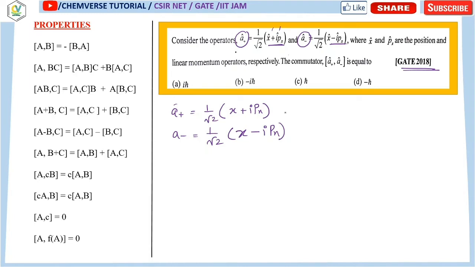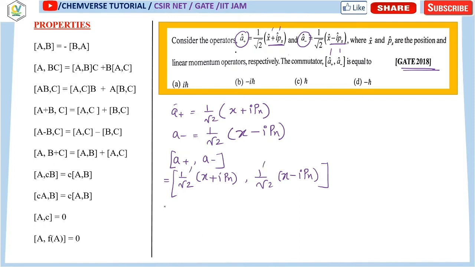Now if I take the commutator value, that means the commutator of a plus and a minus, it is the commutator of 1 by root 2 x plus i px and 1 by root 2 x minus i px. The 1 by root 2 are constants, so I'm taking them outside.